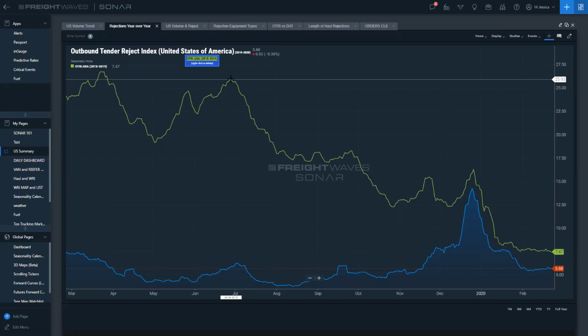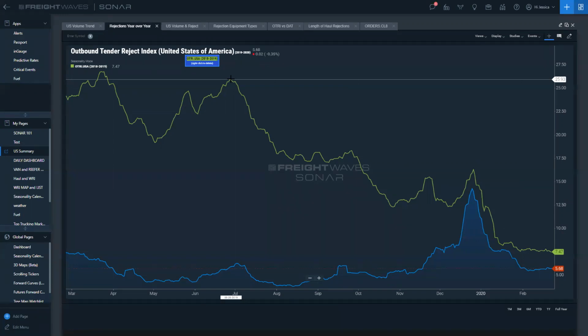They will chop them up into an LTL shipment, or maybe it will be sent over an intermodal lane. It depends on the shipper's needs, but what we do know is when rejections start to increase and people are feeling a little bit of pressure, they will pay more money to get their freight moved.